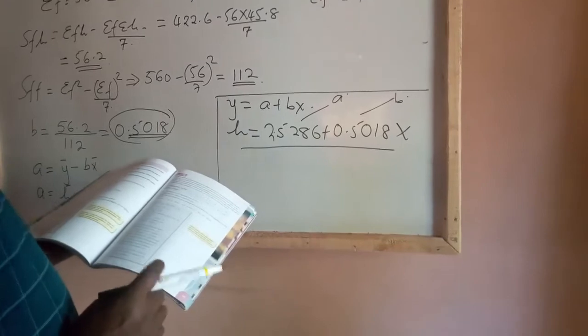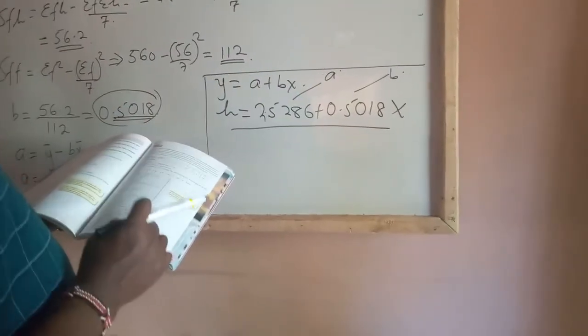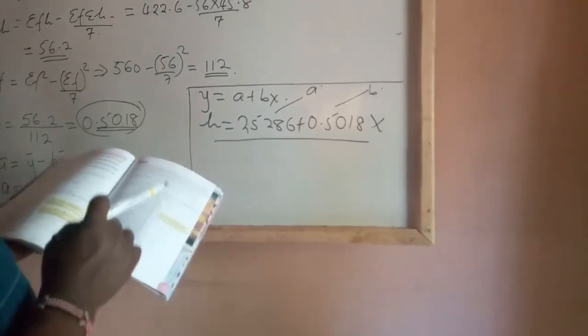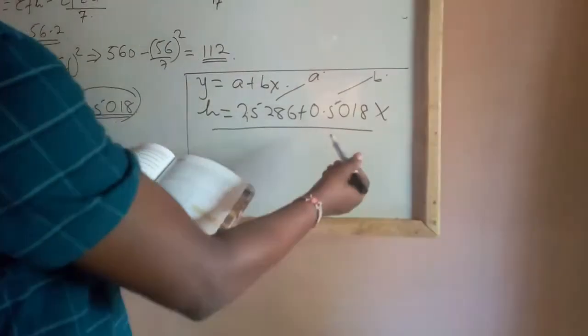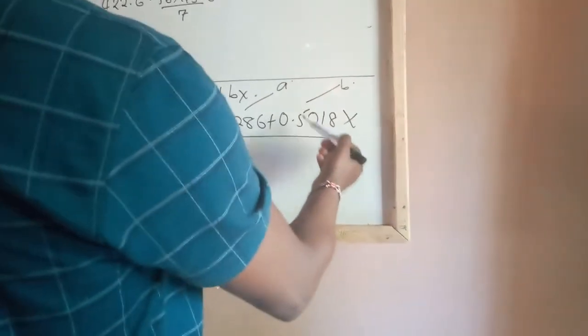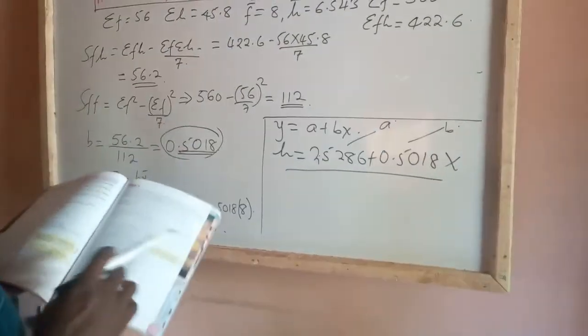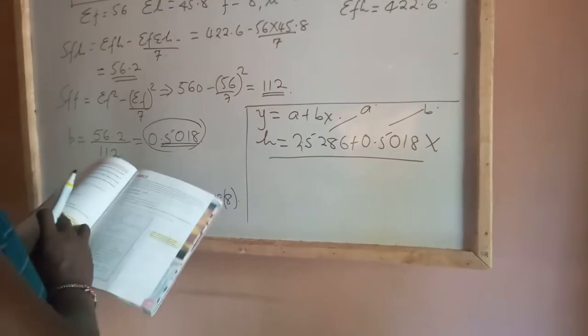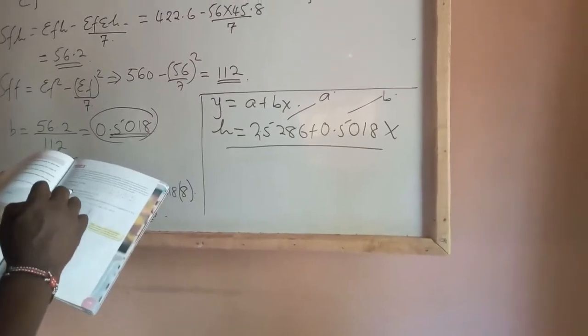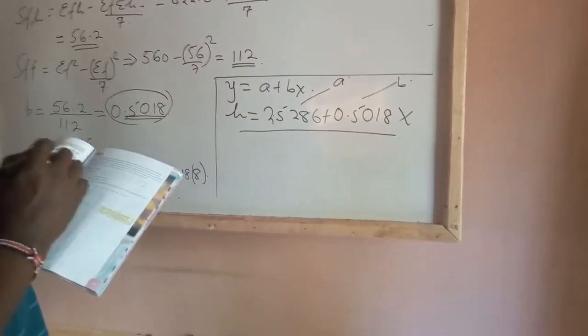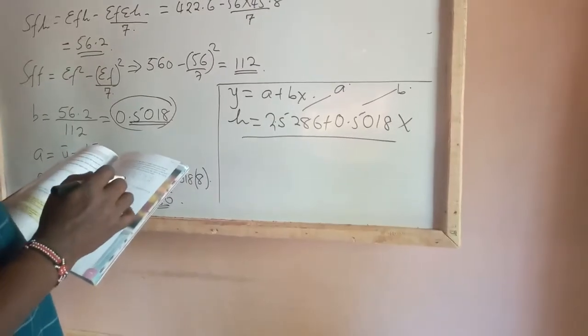And in this case, for every extra gram of food supplement per day, the hardness increases by 0.5018.